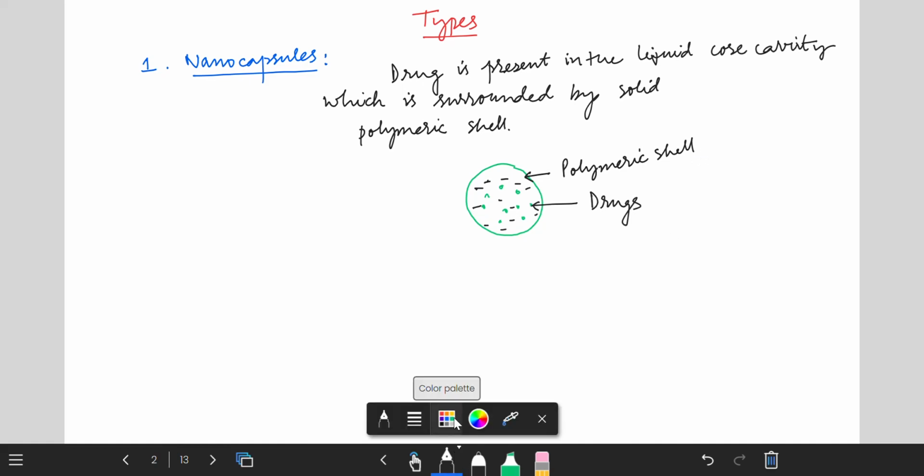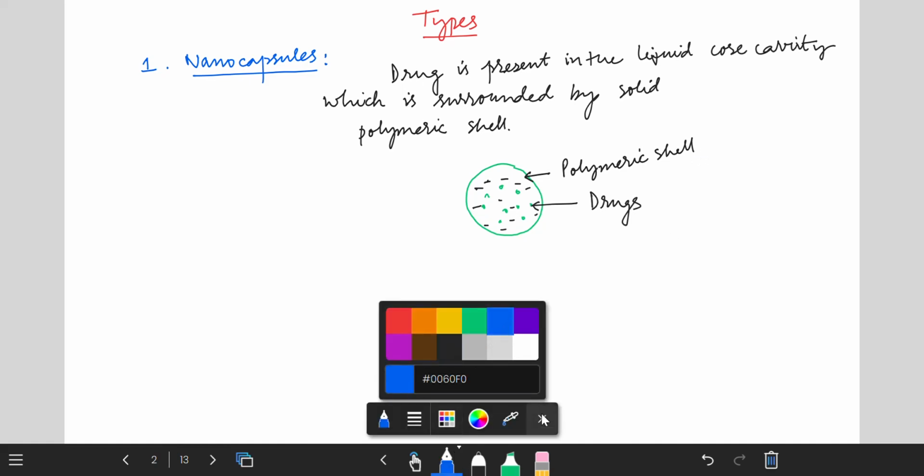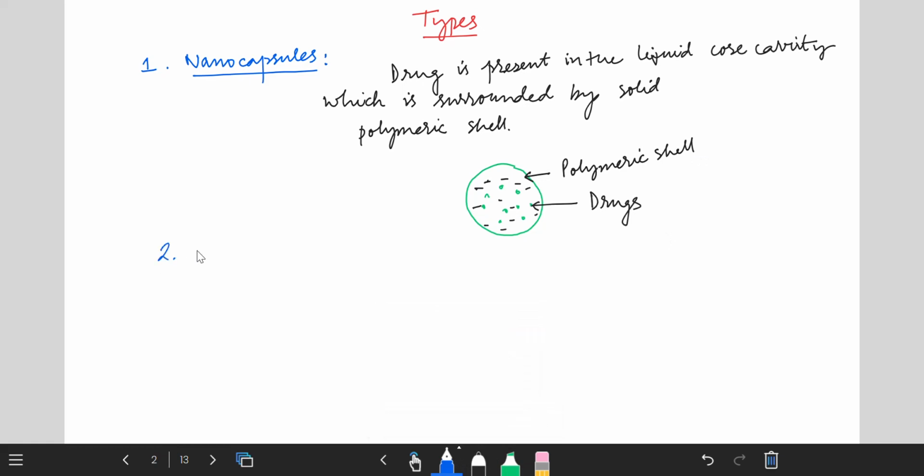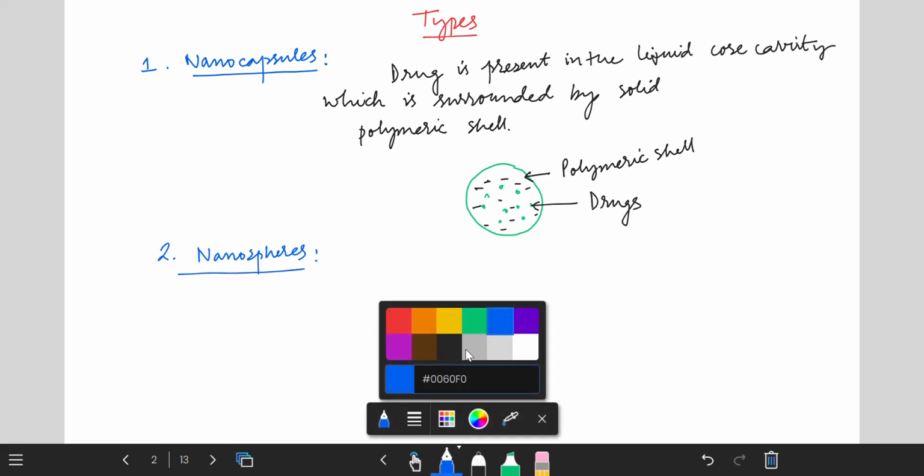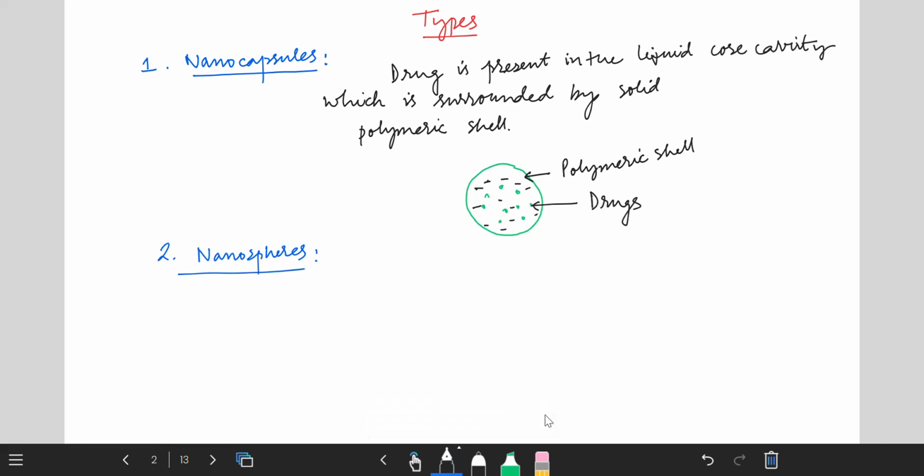Now the second one is nanospheres. What are nanospheres? In such a system, the drug is dispersed throughout the polymeric matrix or adsorbed on the outer surface.